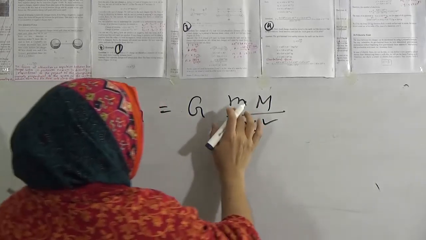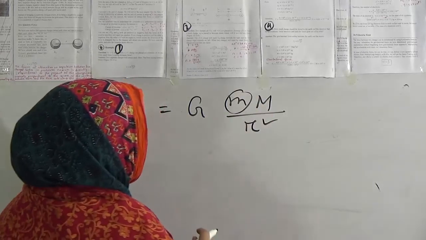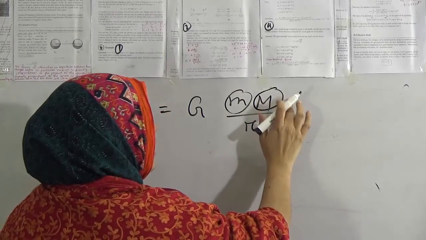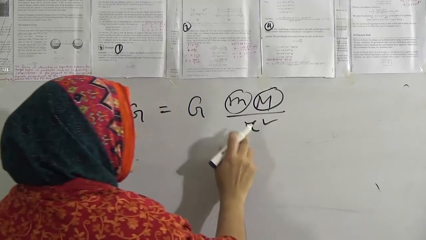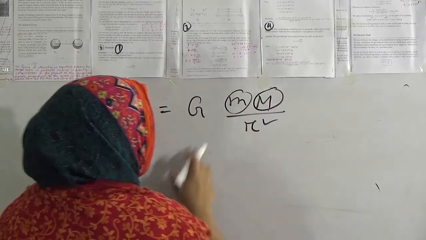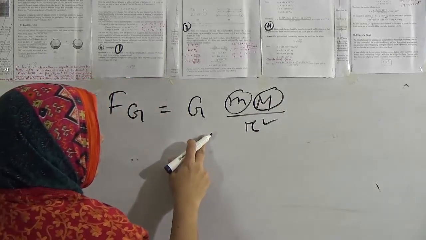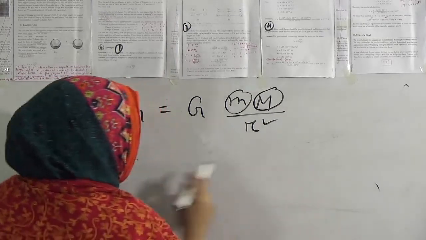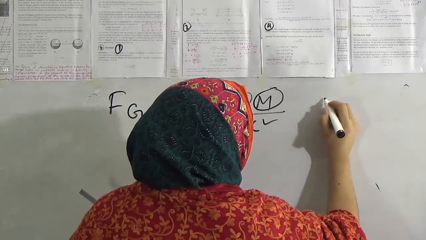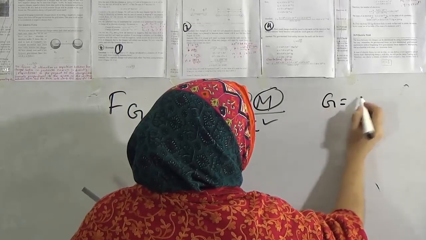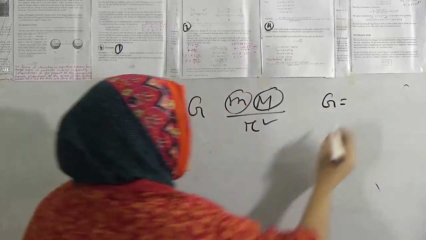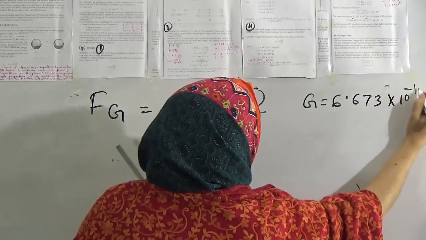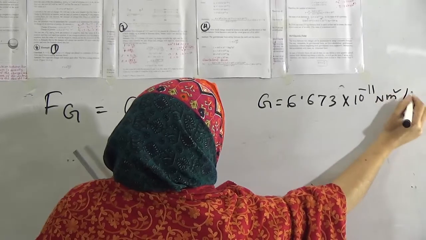Here m is the mass of the moon, M is the mass of the earth, r is the distance between the moon and the earth, and G is the gravitational constant. We know G equals 6.673 into 10 to the power minus 11 Newton meter square per kg square.